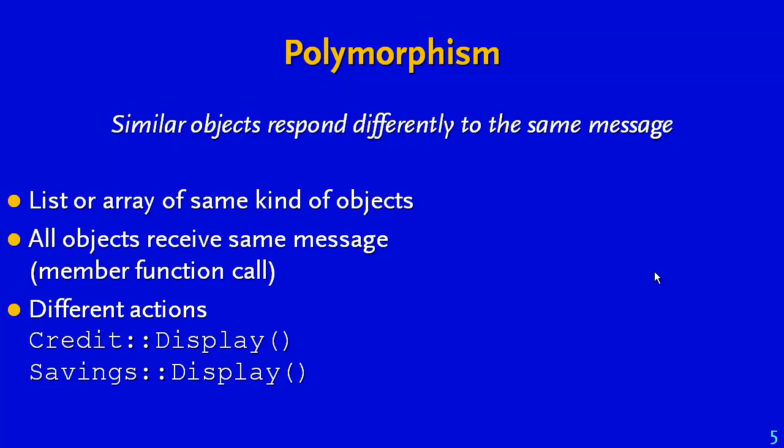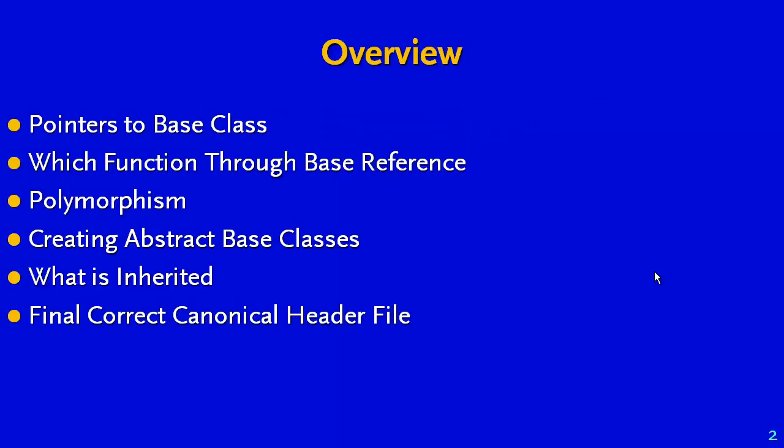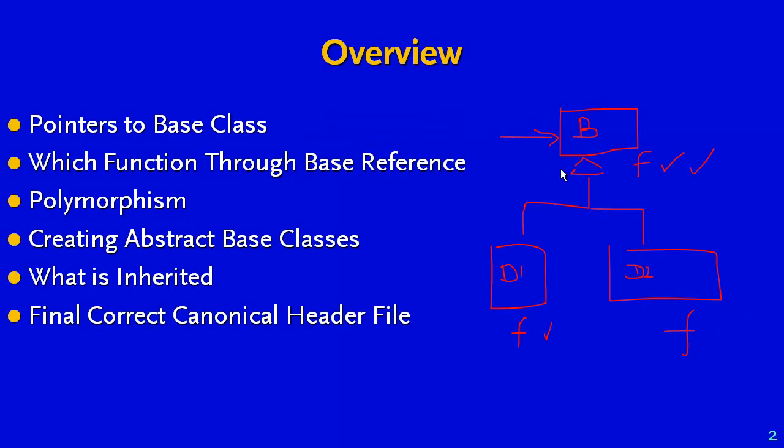Basically, similar objects respond differently to the same message. We talked about the object-oriented way of programming. We got messages. So if the pointer is really pointing to D1, it'll call the function f in D1 automatically, and if it's pointing to D2, it will call the function f here in D2.